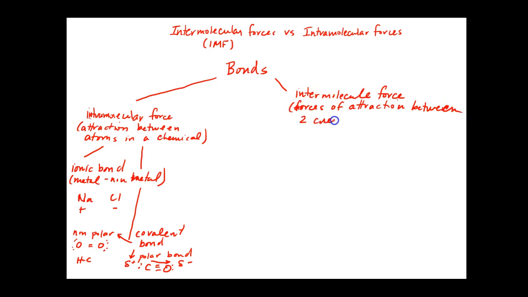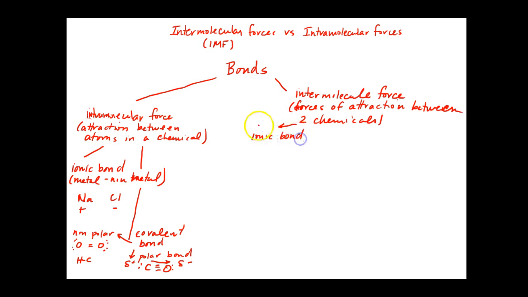two chemicals. Now what makes this different is that intramolecular forces were the attraction between individual atoms. These are forces of attraction between two chemicals. So we're looking at a molecule being attracted to another molecule. The first type we have is what we still consider an ionic bond.